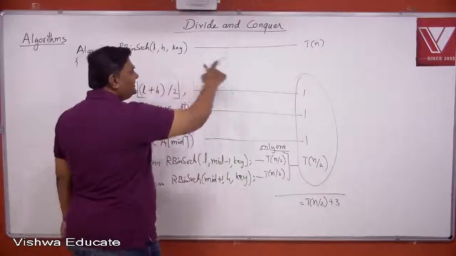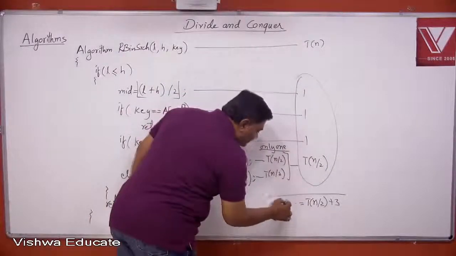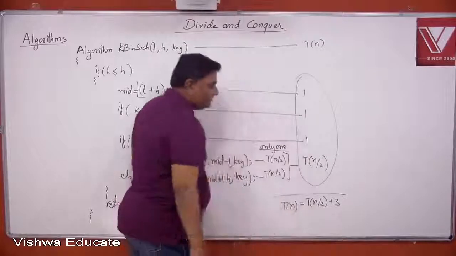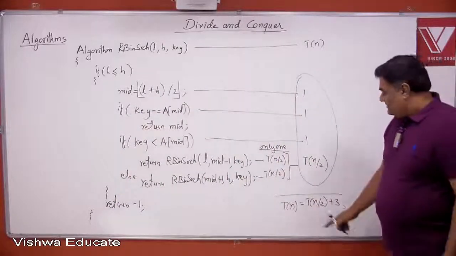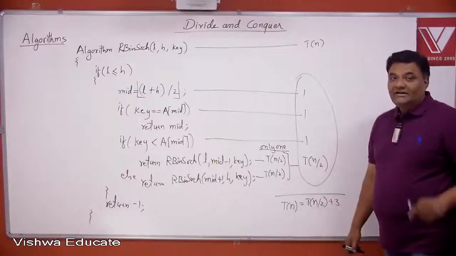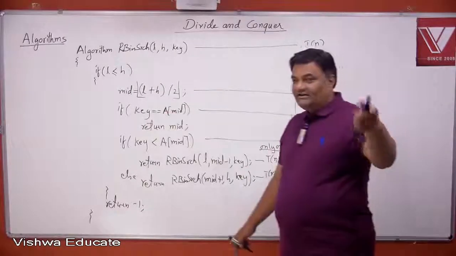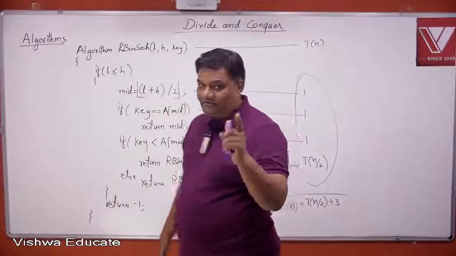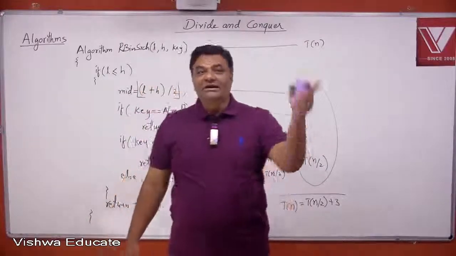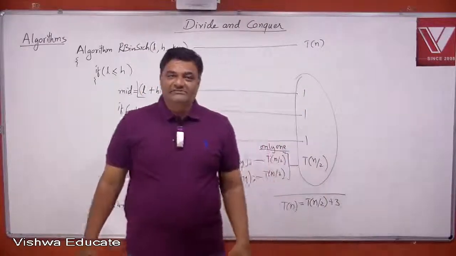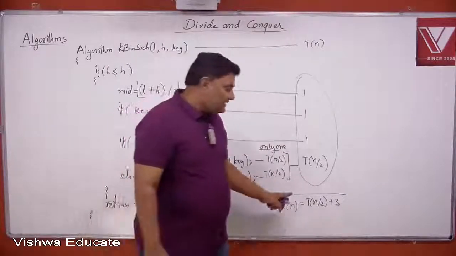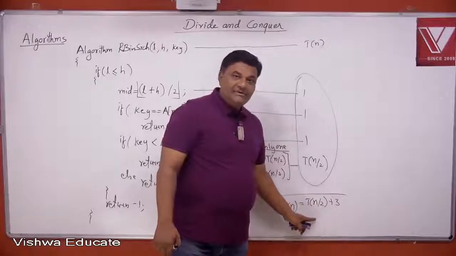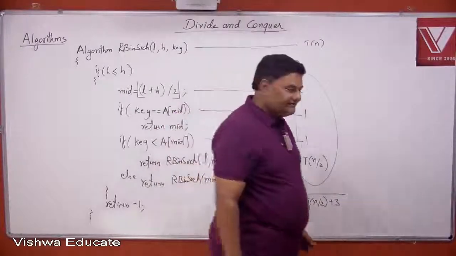So we are mentioning the time as T(n). This is the time complexity. See, we got the time. The time of a recursive function or algorithm is also a recursive function. T(n) is defined in terms of T(n/2).